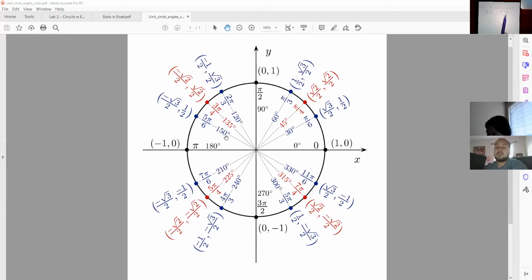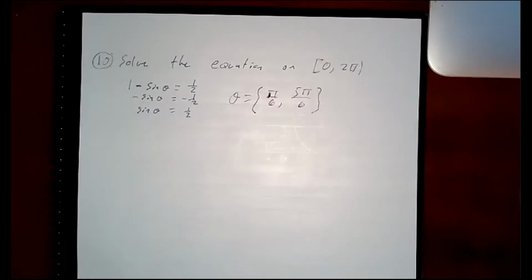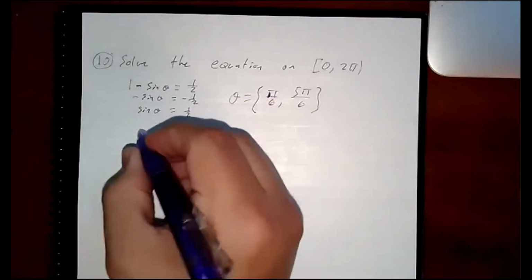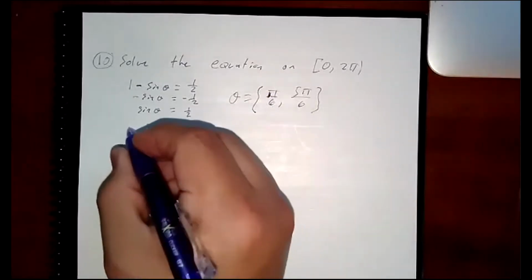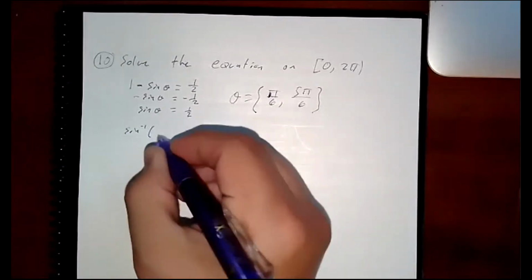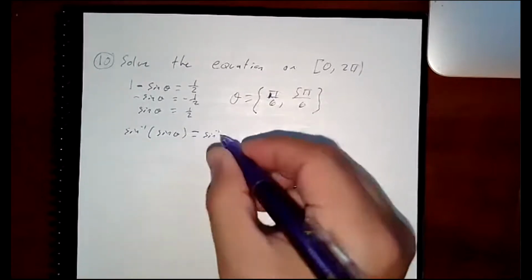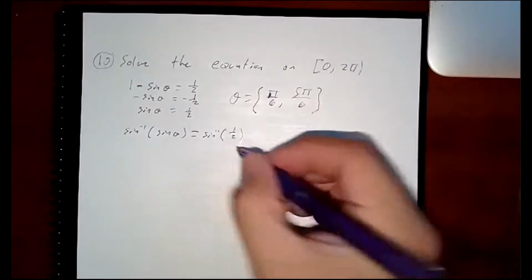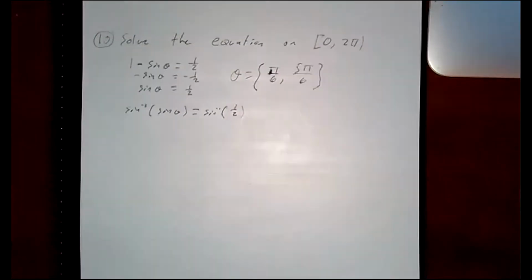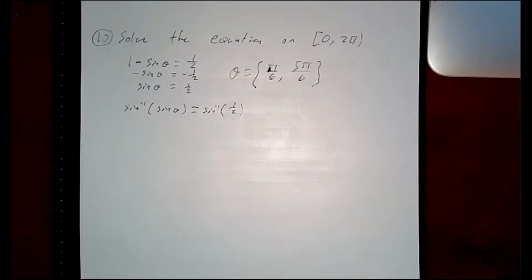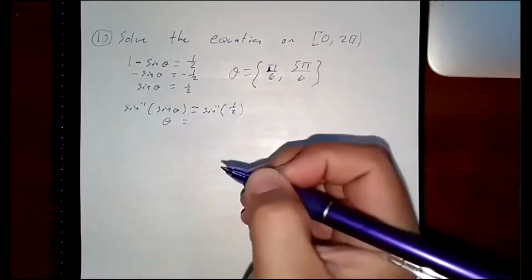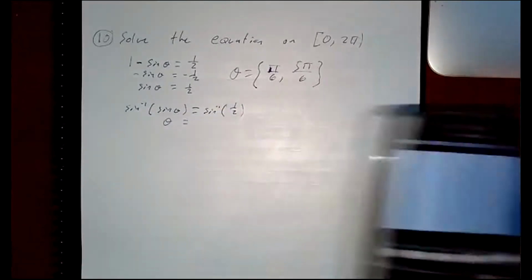If we did not use a circle, let me switch back just for memory's sake. For sine, let's say you didn't know how to find them. You say, let me use sine inverse on both sides. So theta is equal to what our calculator says, even though we know the answer.